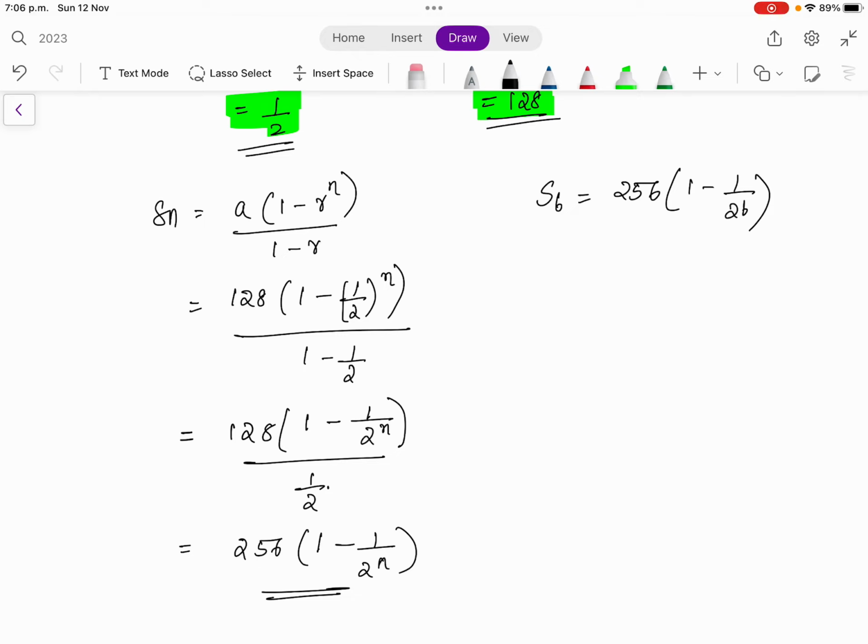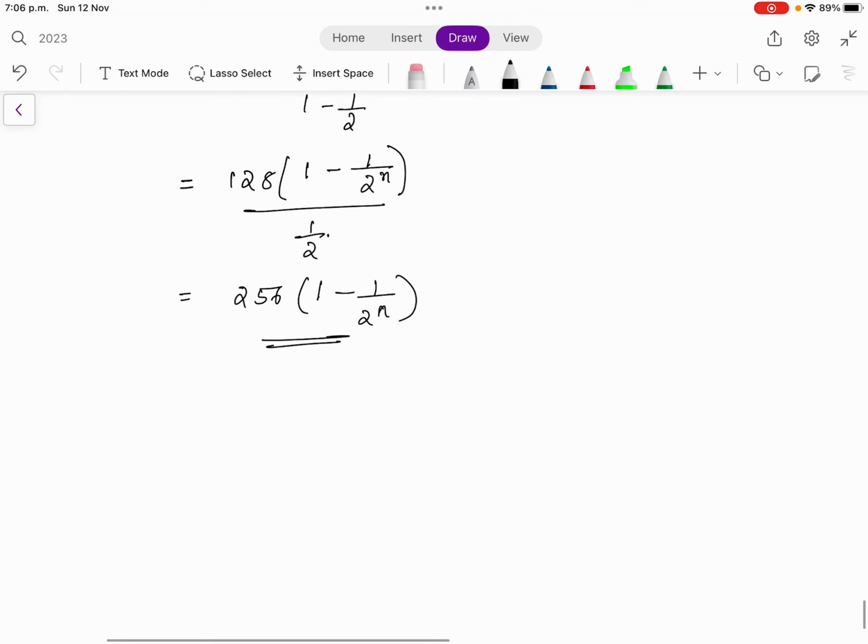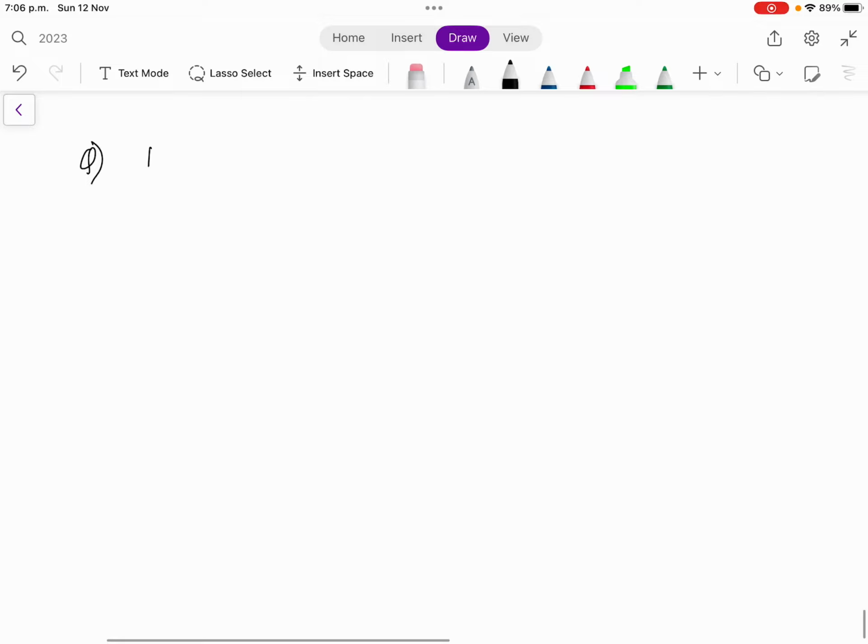Let us try some other question. Find S10 of the series 32 plus 16 plus 8 plus etc. So what do we mean by S10?